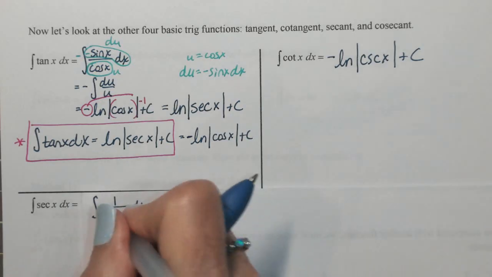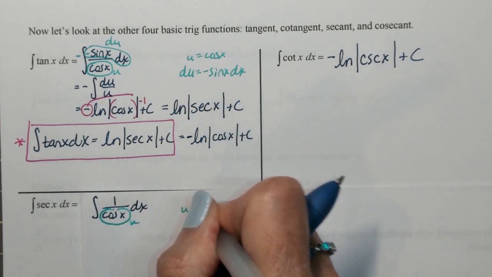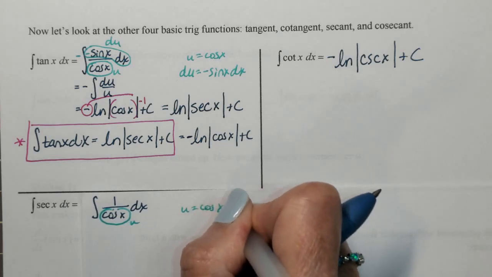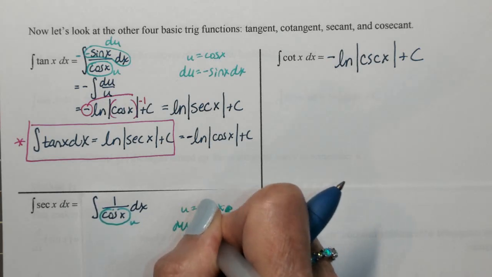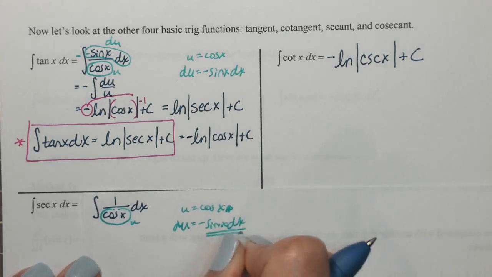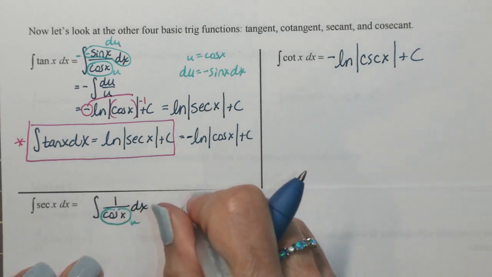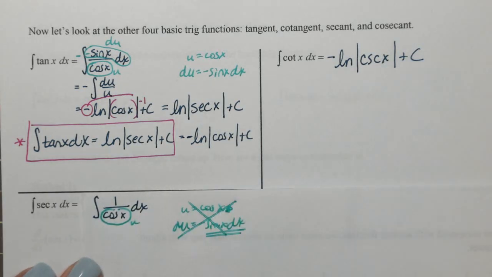Can we let u be cosine like we did for tangent above? U would be cosine of x. Du is negative sine of x dx. Did Santa leave us a sine of x? No, he did not. So we cannot do that u sub. It does not work that way.